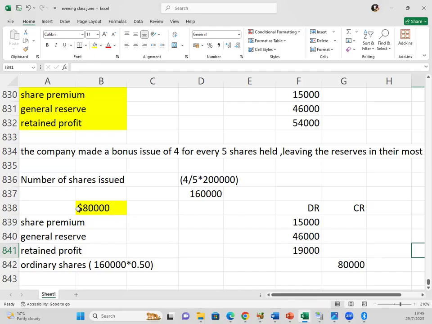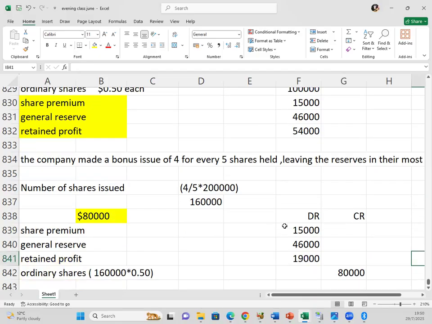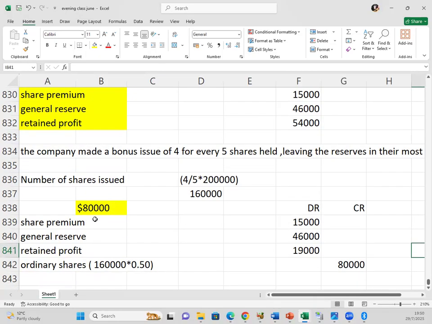But you have to take this 80,000 from the reserves by debiting them. So you can't debit more than what is in the reserve. For share premium, there's 15, you only debit 15. You get to the general reserve, there is 46. You debit 46, but it's still not yet 80.